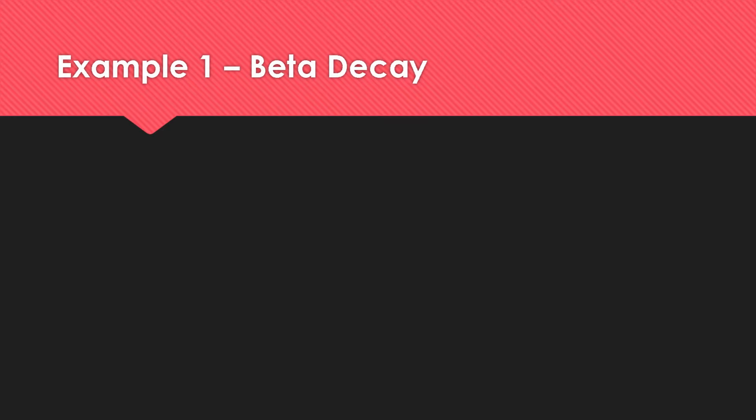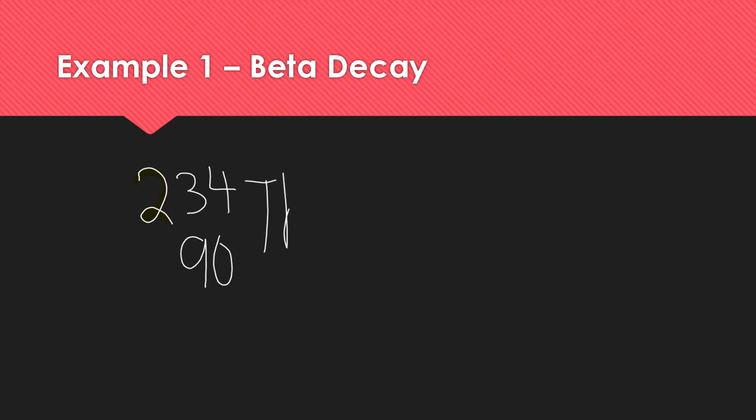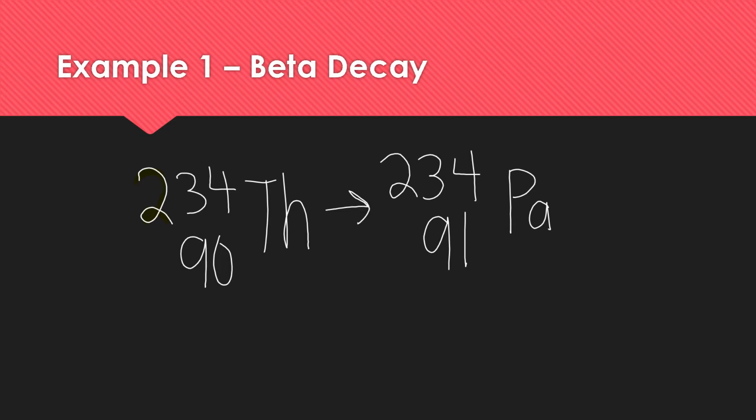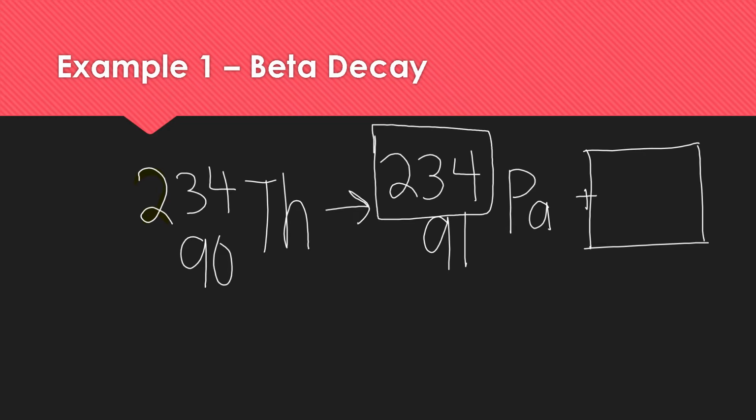Our first example here is going to deal with beta decay. So say we have the example as shown. And we need to find out what symbol we can insert over here to balance out the equation. So we know that we have 234 as our mass number here and 234 as our mass number here.